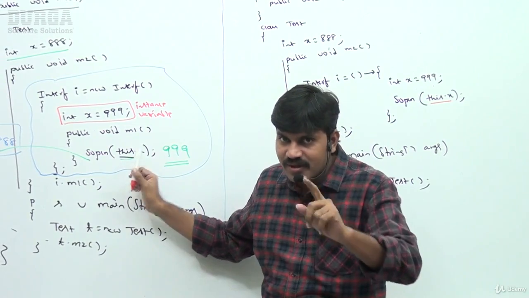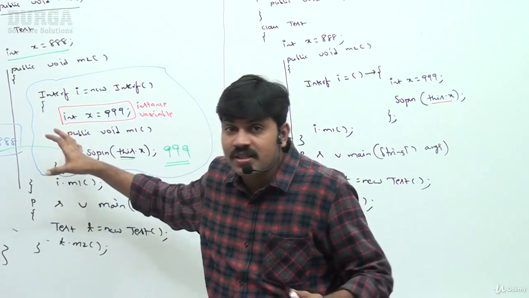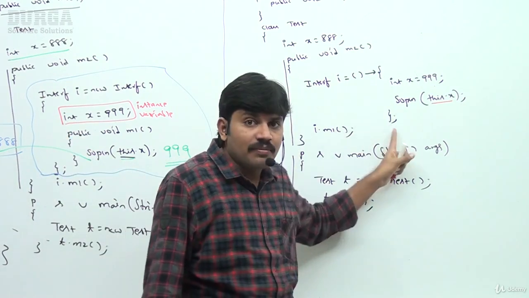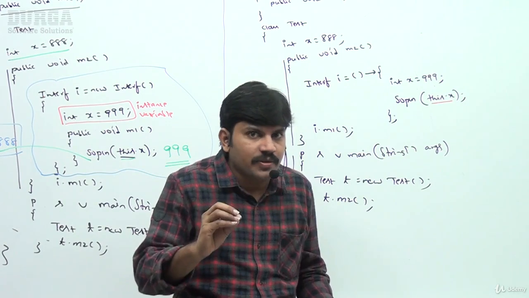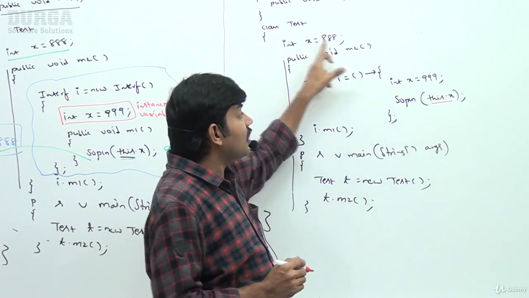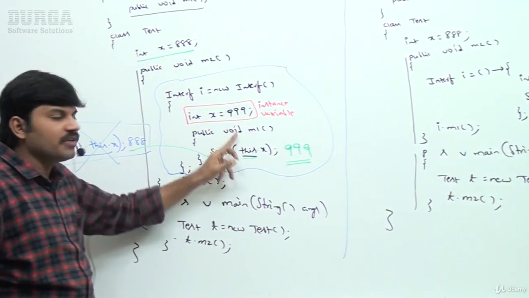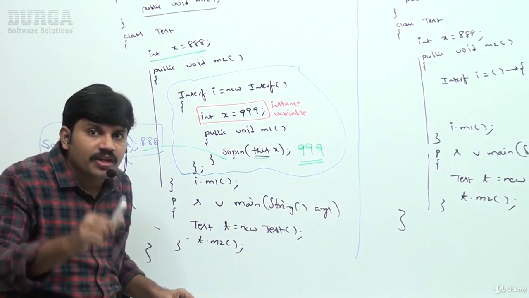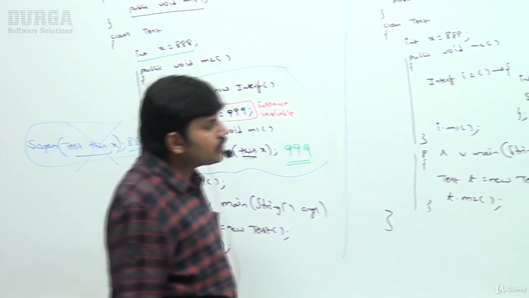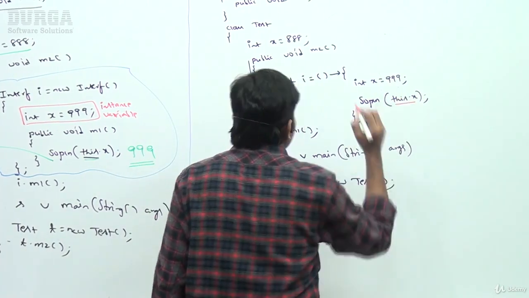So there is a difference in the behavior of this between anonymous inner class and lambda expressions. That's why, can you spell out what answer we are going to get by default, sir? We are never going to get 999.